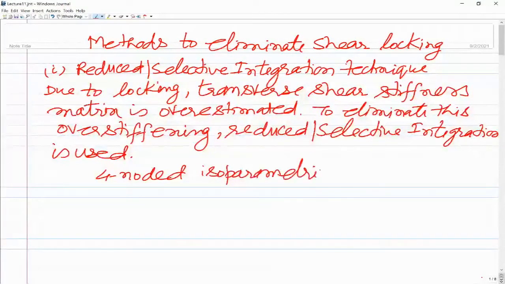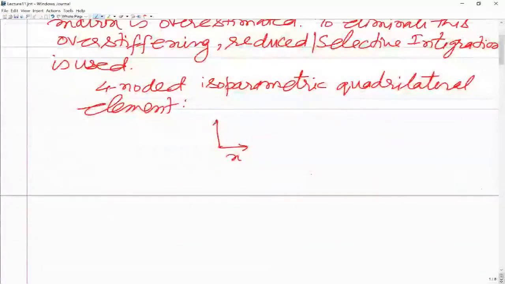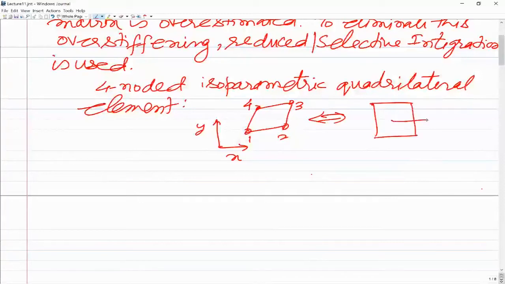Formulation of this element we have already discussed. As you know, in this element, in the physical coordinate space we have an arbitrary quadrilateral with nodes 1, 2, 3 and 4, and this is mapped to the natural coordinate space wherein the element is a square.